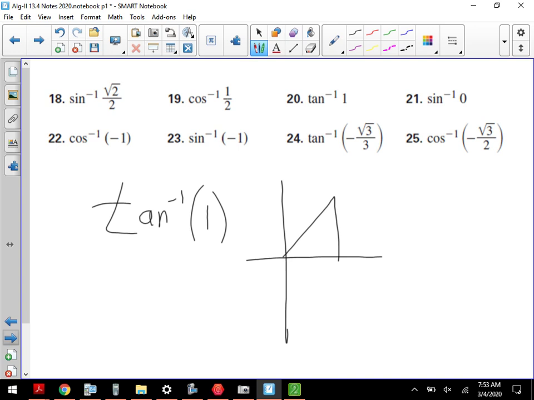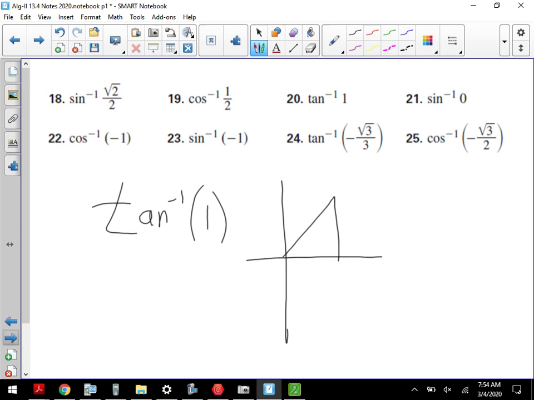So here, if I have a reference angle and I have to figure out what triangle gives me sides of 1s, you have to know your special right triangles. These are the only two that you worry about. 30, 60, 90, with sides 1, root 3, and 2. And then you have a 45, 45, 90, with sides 1, 1, root 2.